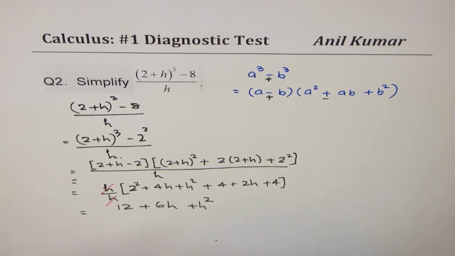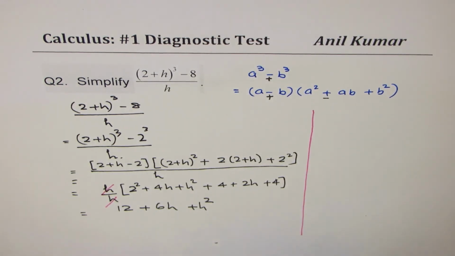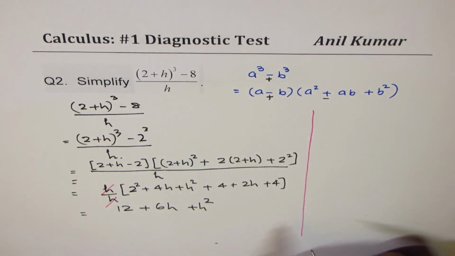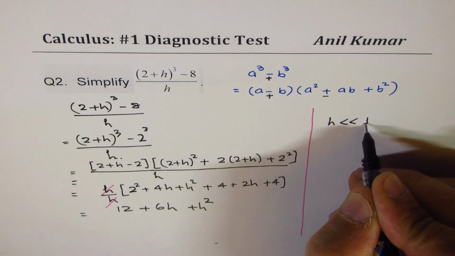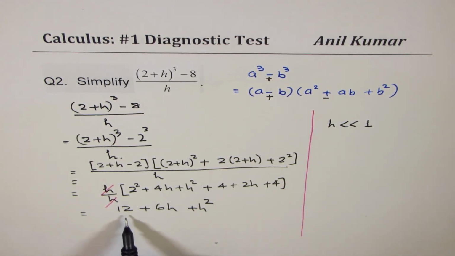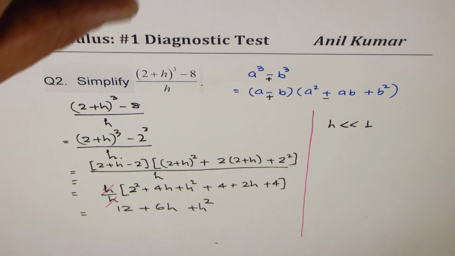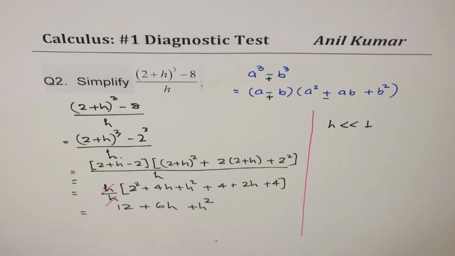So normally in calculus and also in rate of change, you must have seen this kind of formula which is applied for rate of change. And at times we assume that h is very, very small as compared to 1. So if you neglect this value, we get 12 as our result. Now it has a lot of significance in calculus, which we will learn as we move forward, right? So I hope the concept is very clear, a straight application of difference of cube formula.